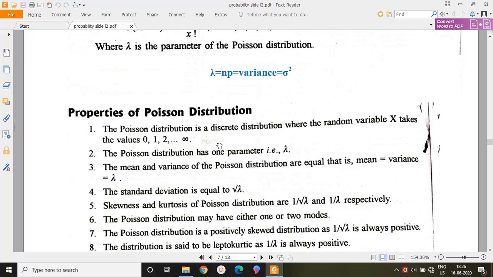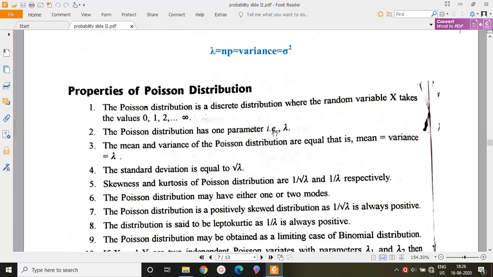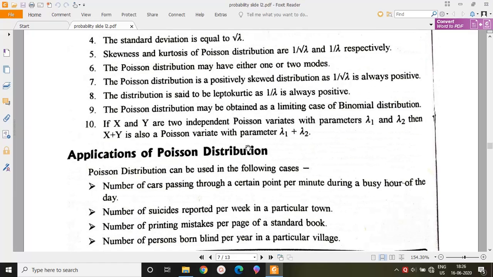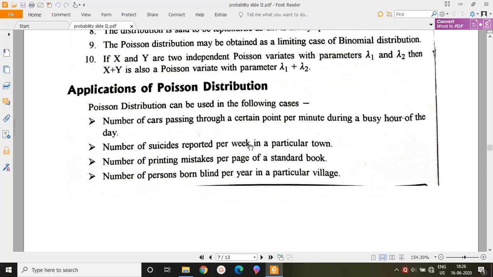Poisson distribution is a discrete distribution where the random variable takes the values 0, 1, 2 up to infinity, and it has only one parameter. That parameter is your lambda, and I already explained that mean and variance are equal. Other things are not much relevant from our perspective.